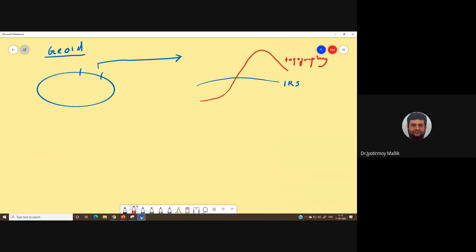So this is my theoretical shape of the Earth. The IRE represents the theoretical shape of the Earth, and this is the real shape of the Earth, right? Real shape.